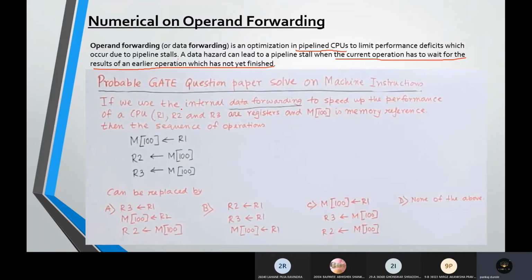If we use the internal data forwarding to speed up the performance of a CPU, R1, R2 and R3 are registers and M100 is a memory reference.